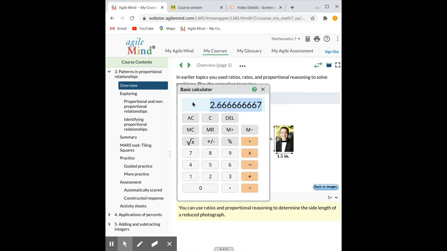So we're going to take 6 and divide it by that. So it's going to end up being 2.25.